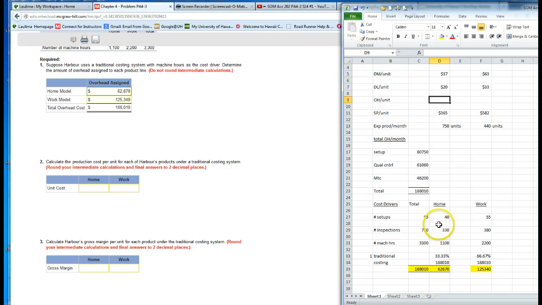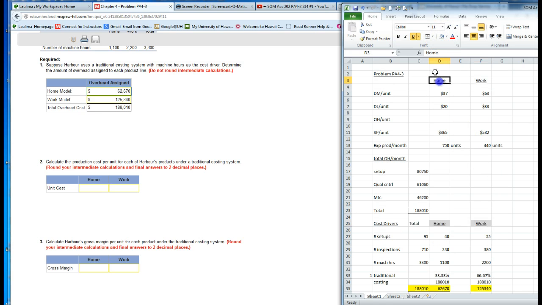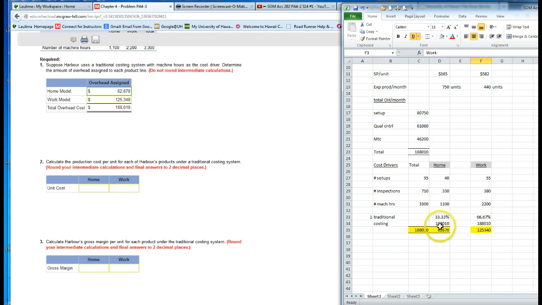Our overhead allocation for home would be 62,670, and our overhead allocation for work, again based on traditional costing with machine hours as the cost driver, would be 125,340.